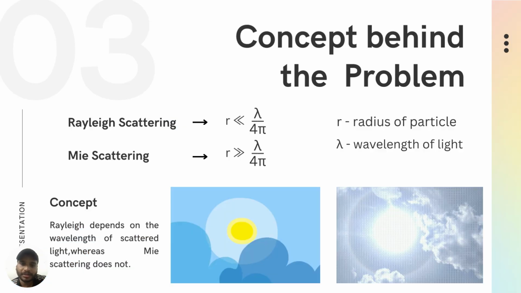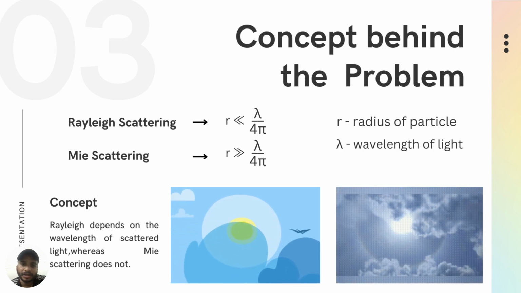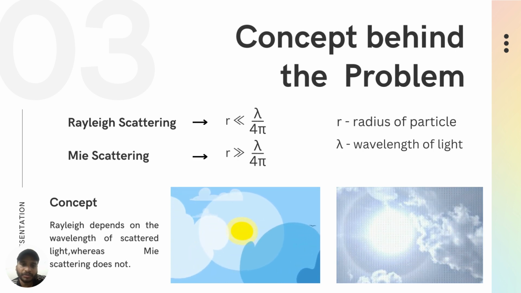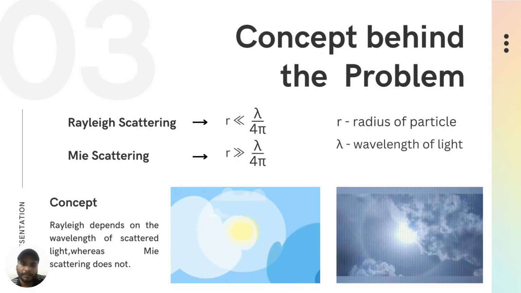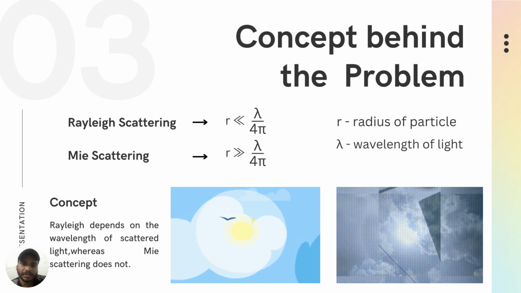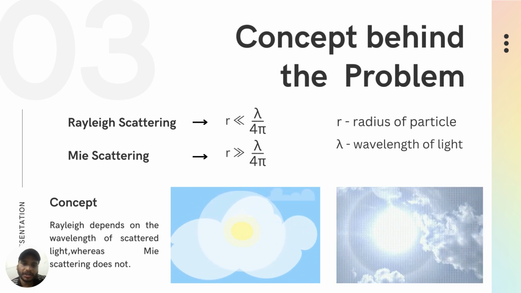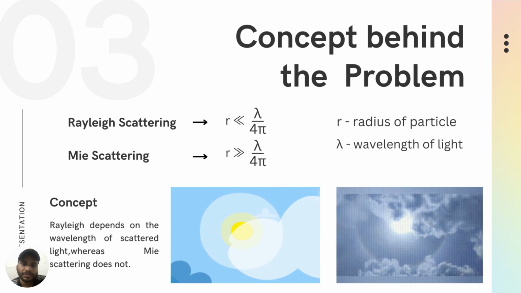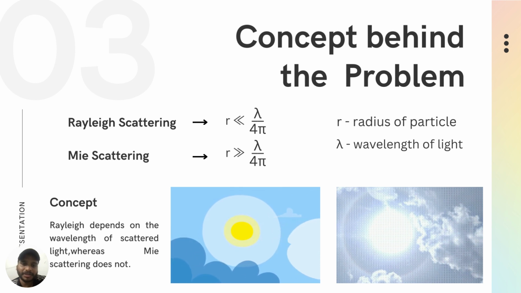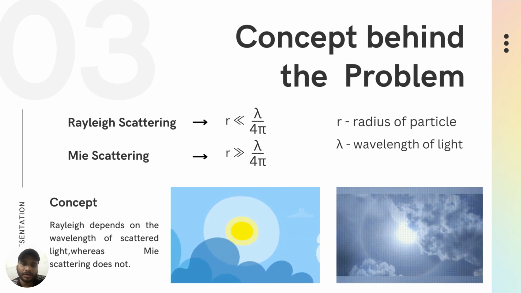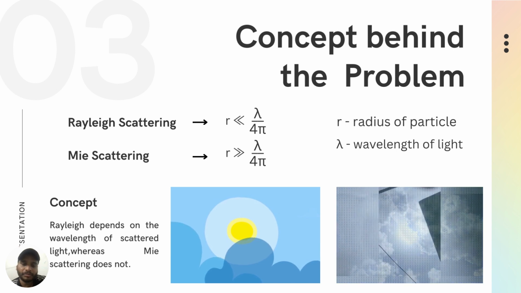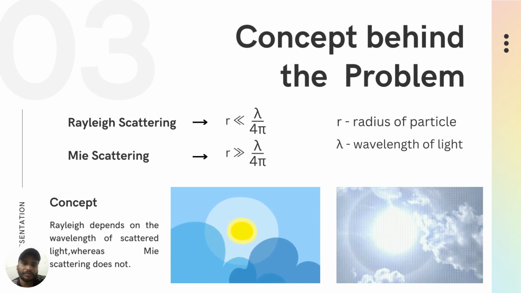Okay, let's discuss the physics of the problem, or the concept behind it. In the atmosphere, we know there are two kinds of scattering. Where the radius of the particles is much less than the wavelength of the scattered light, that is Rayleigh scattering. So it is for smaller particles, and Mie scattering is for the larger particles.